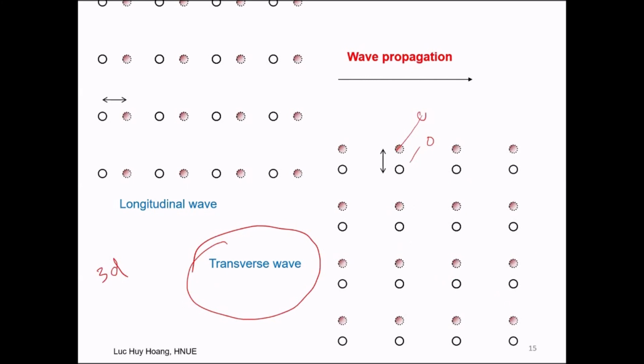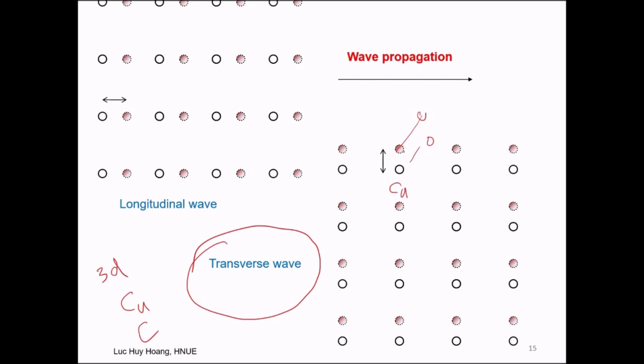And if the 3D system contains the same atom, for example, a crystal of copper or a crystal of carbon, this means that in this plane there's only one kind of atom. Okay, for example, copper.